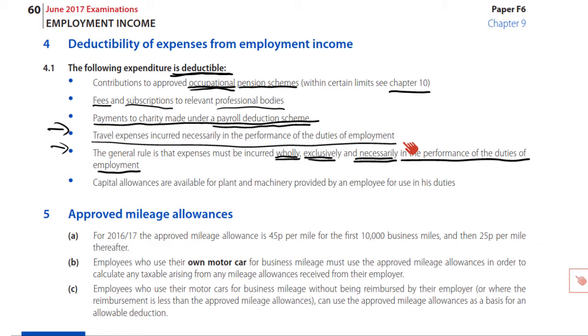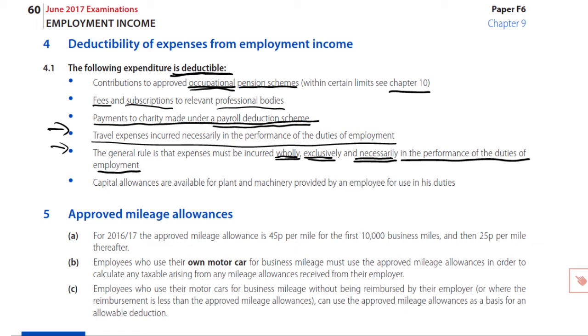That is not something that you have incurred in the performance of the duties of employment. All that is putting you in a position to perform that employment. What we're talking about is maybe going out to visit clients, potential customers, visit suppliers, that type of travel. If you incur any net cost, then that would be an allowable deduction against your employment income.